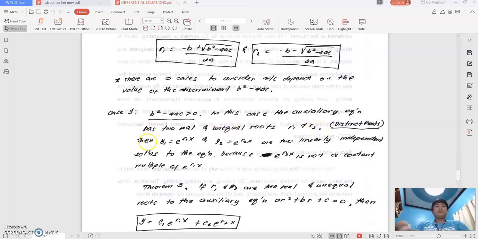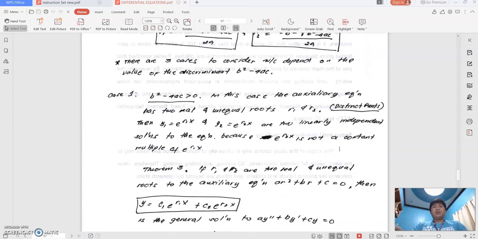Then one solution will be e raised to the power of R1 x, and the other is e raised to the power of R2 x. Remember, your y1 will always be e raised to the power of R1 x, and y2 is e raised to the power of R2 x, if the given equation has distinct roots.